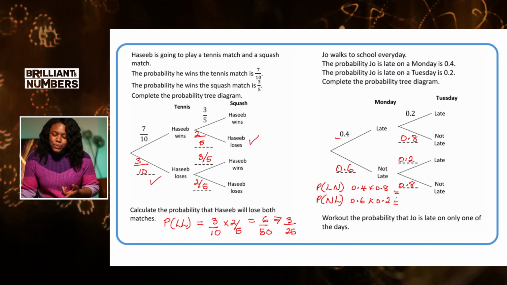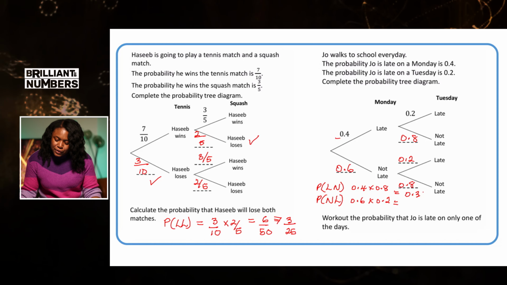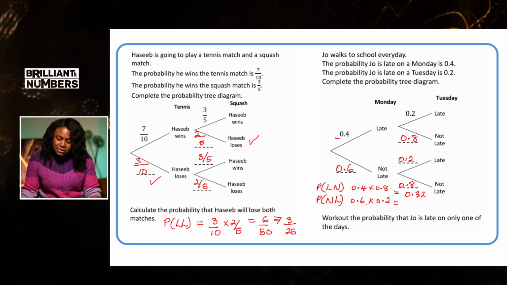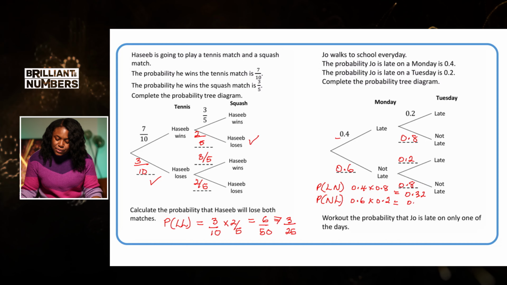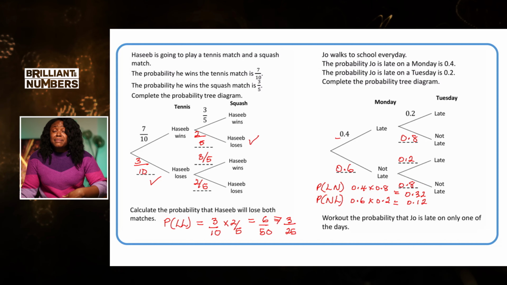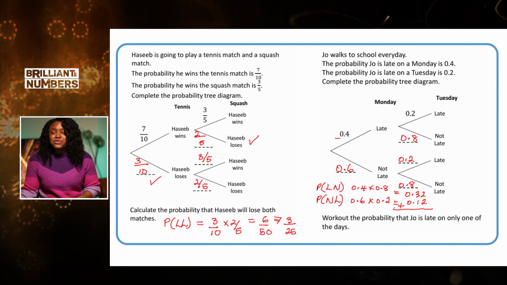So we've got 0.4, we can just put that in your calculator, times 0.8, which is 0.32. And then we need to do 0.6 times 0.2, which is 0.12. Awesome. So now we've got them nicely lined up here, so we could just put a little plus here and just add them straight away.